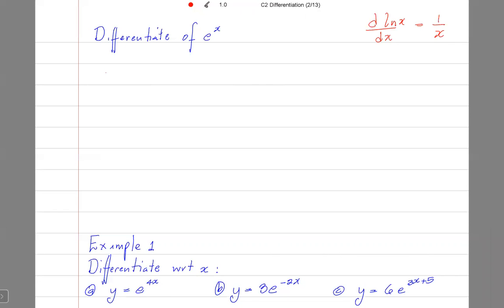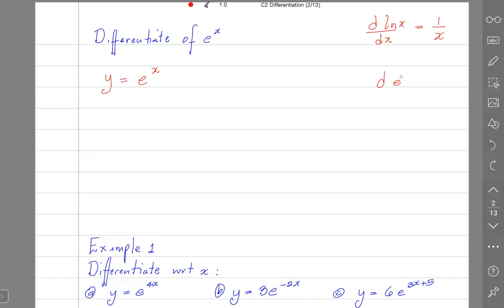All right, so I'm going to start by saying y is equal to e to the x. Now, when you differentiate e to the x with respect to x, you're going to get e to the x.